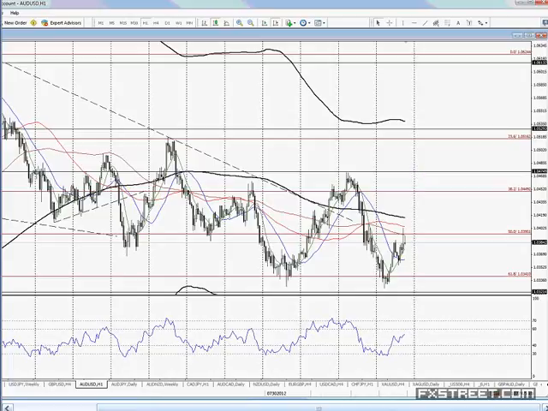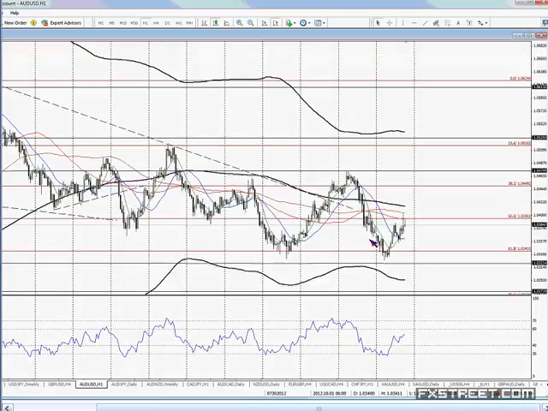The way I would look at it is this is a sideways market, or the market's sort of anchoring into a sideways mode after a slightly bearish mode, and it's all corrective. Okay, and I would stay away from this until we get to some key levels.